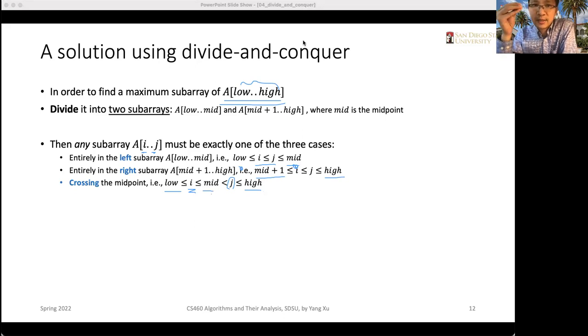Those are the three cases that exhaustively cover any sub-array. I'll give you a few seconds to think about whether this is the case. Let's see if we can figure out any other cases other than these three as a sub-array of the original array.